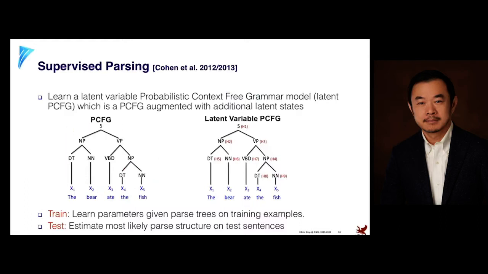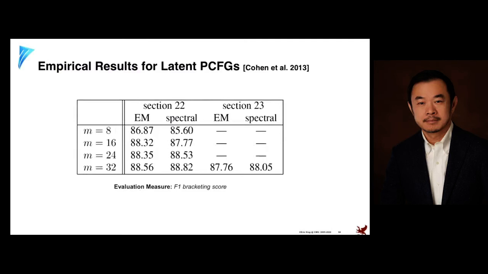And this latent one, as I mentioned before, does not require labeling of the parse tree. Therefore, it is easier to train. And you can see that even though it requires much weaker and easier data, the performances are comparable.